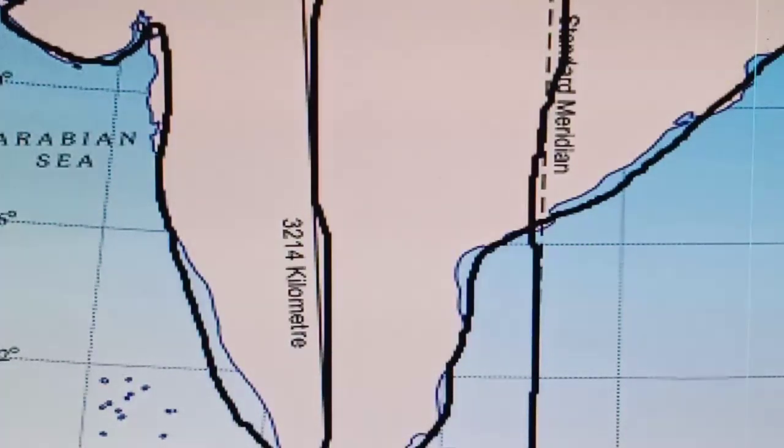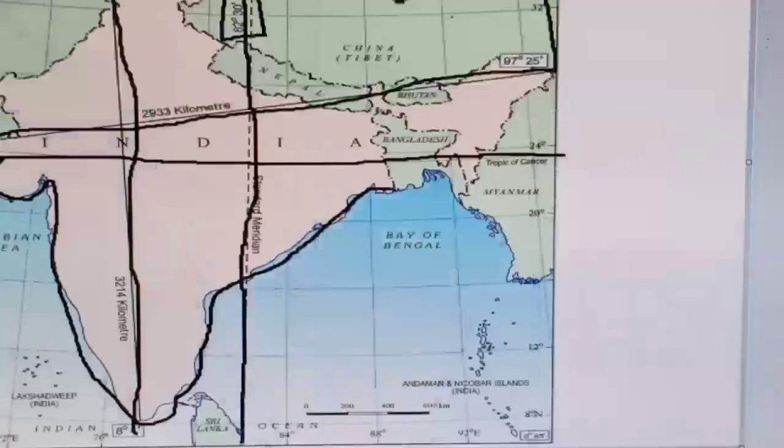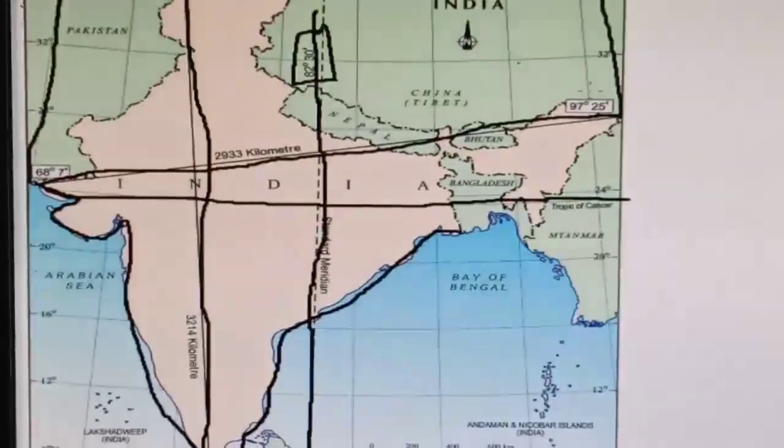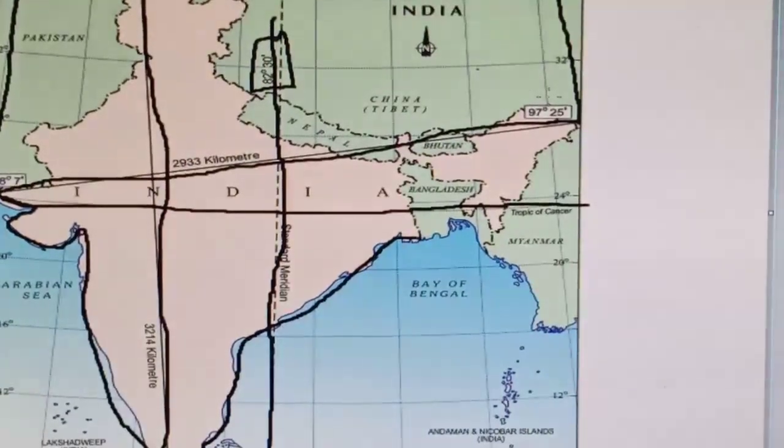If we exclude the Andaman and Nicobar islands, then the total coastal boundary of India is 6100 kilometers, right? And the land boundary is 15,200 kilometers. And the southernmost tip is Indira Point. I hope it is clear to you.